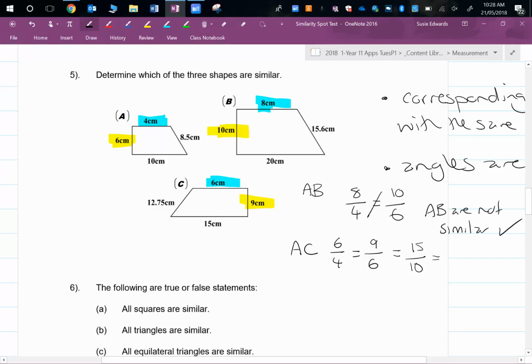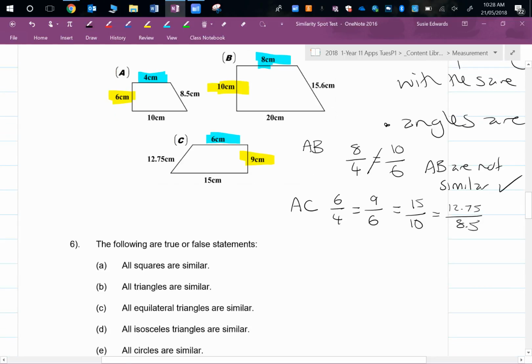Yep. And the last one, 12.75 over 8.5? It is. So we're going to say A and C are similar. That's worth a mark, and your working out is worth a mark of showing at least 2 sets of sides are the same. You should show all of them though.